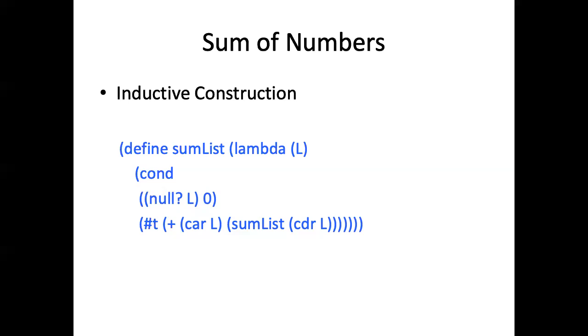Now I want to compute the result for n plus 1, whether that's an integer or a list of length n plus 1. If it's a list, we're assuming we know how to get the result for any list of size n or less. And now we're going to figure out how to get that result for a list of size n plus 1. That's the inductive construction.